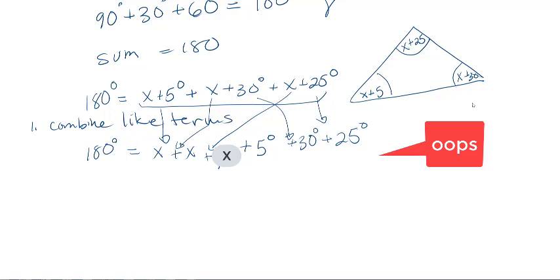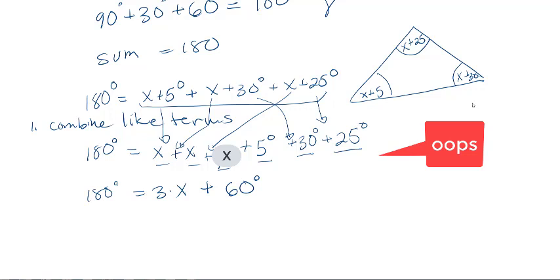So what do we have? We have 180 equals, we have 1, 2, 3, we have 3 x's, let's write that out, 3 times x, plus, and now we have 5, plus 30, that's 35, plus 25 is 60. So we have 180 equals 3 times x plus 60.